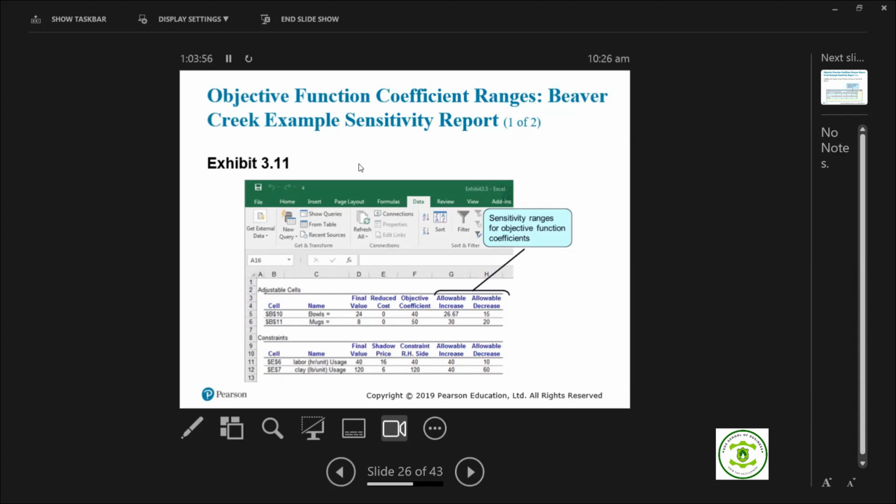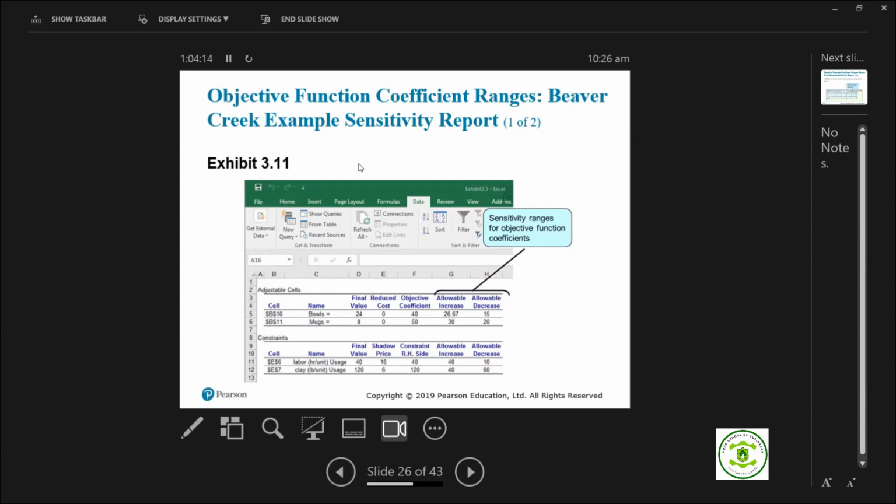In other words, you can take the report from the computer and then you don't need to redo the analysis again to establish the sensitivity analysis.